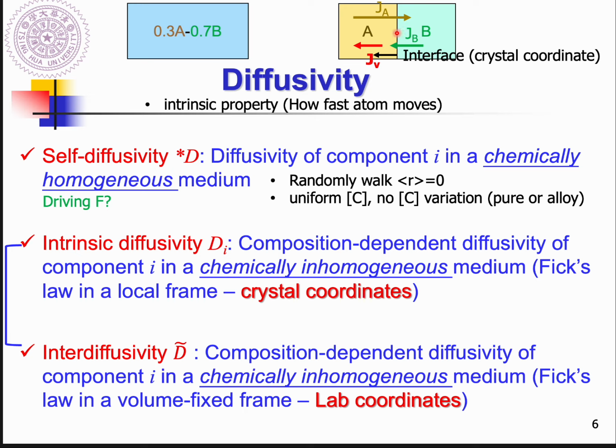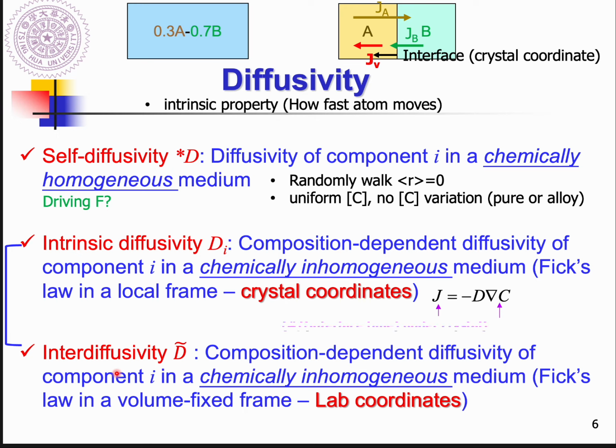If you stand inside, on this interface, then the diffusivity you measure or observe is the intrinsic diffusivity, because you stand on this interface and measure how many atoms pass through it. It would be different if you stand outside, in the lab coordinate, and measure how many atoms pass through this interface. In this case, we call it interdiffusivity.